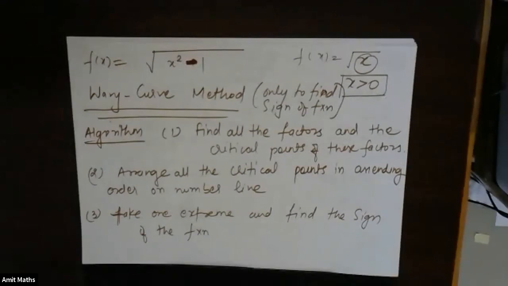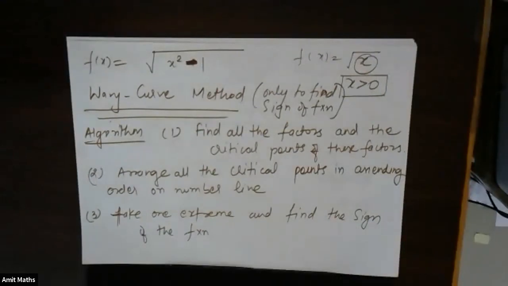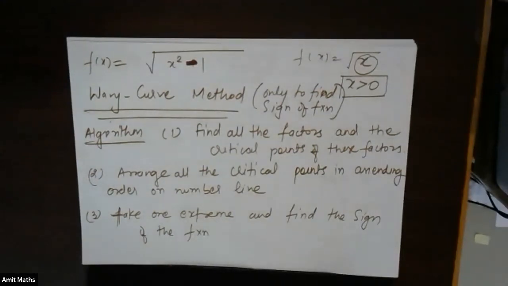Before minus 2, only x is negative, but when you substitute minus 2 in the function, it will give you a positive value. Suppose x square is always non-negative, including 0.